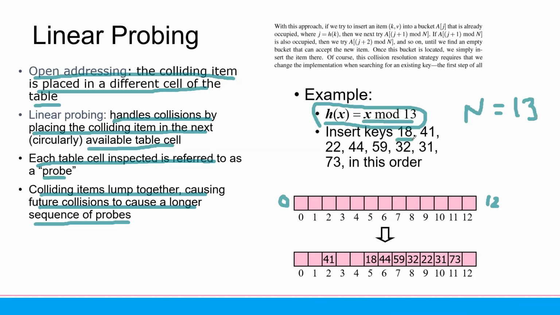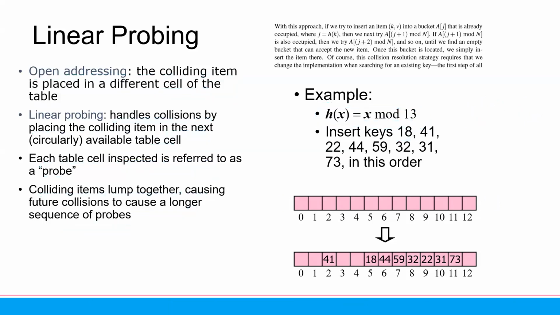Now I have 18. What is 18 mod 13? 18 mod 13 equals 5.